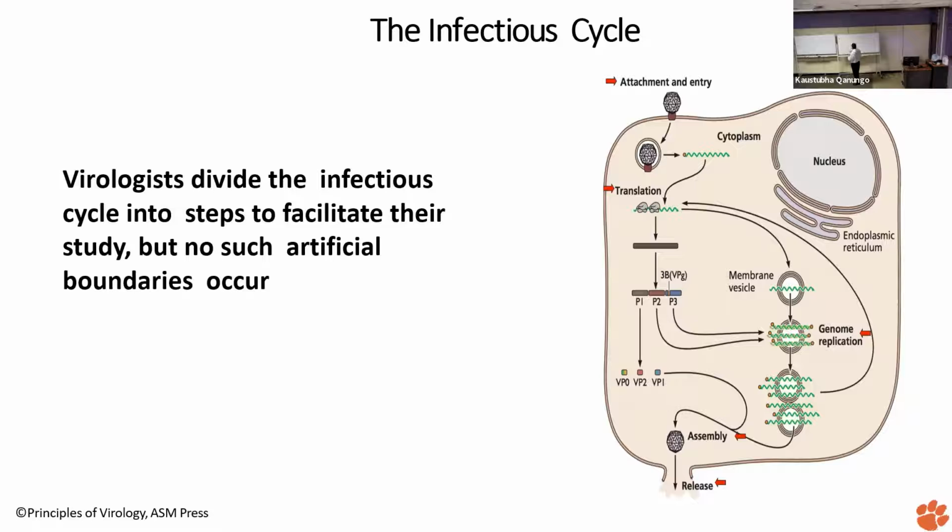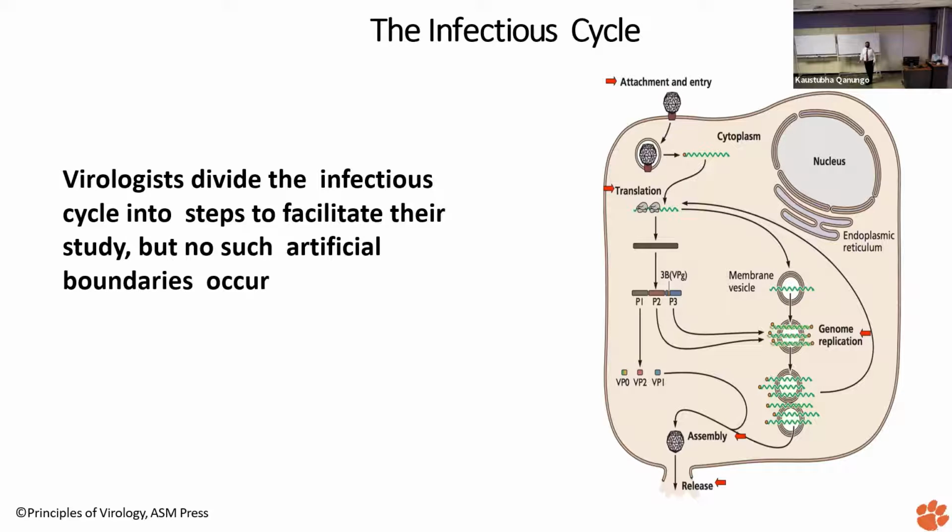Remember, we talked about how the virus is just like a box, like this. This box is made up of protein. And then inside that, you will have some sort of nucleic acid, either DNA or RNA, and that is the genome of the virus.